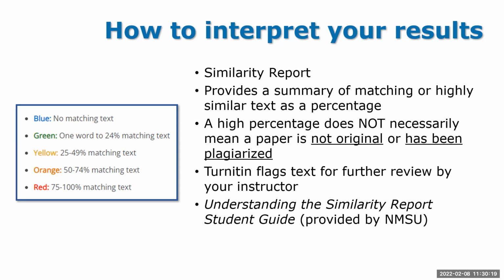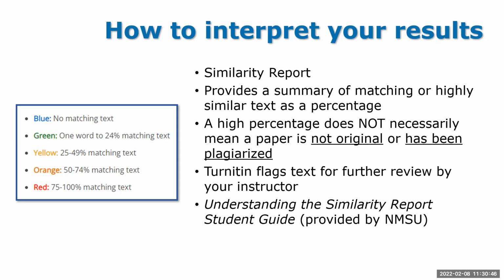Again, this is flagging stuff for you to take a look at. It doesn't mean, yes, that there is a problem. It just means, hey, you need to go back and look at this to see if there is a problem. And then you go down to the different colors and the different percentages. So remember, just because you have a high percentage does not mean that your paper is not original or has been plagiarized.